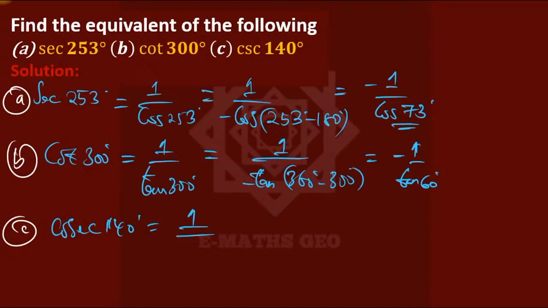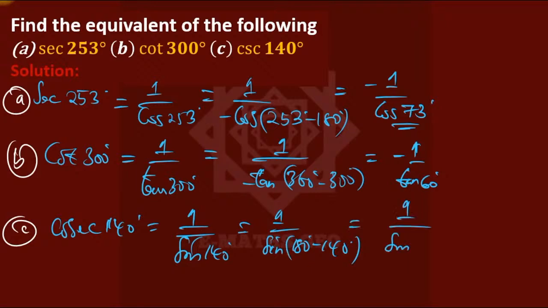And cosec is 1 over sine. Cosec and sine are positive there, so we retain the positive sign. And we now subtract the given angle from 180. So the answer is 1 over sine 40. So that's the equivalent. That's how we use quadrants.